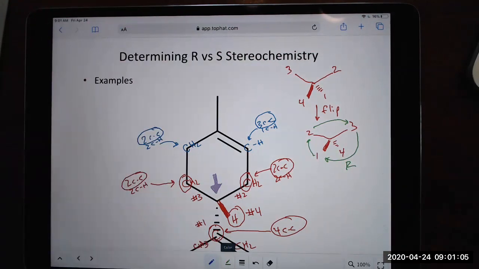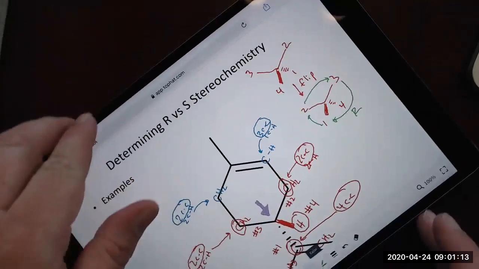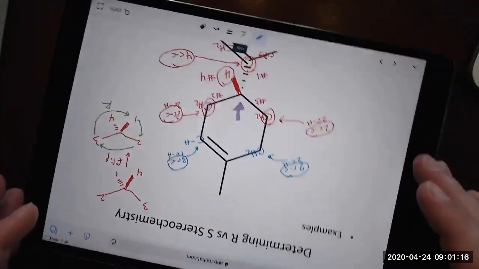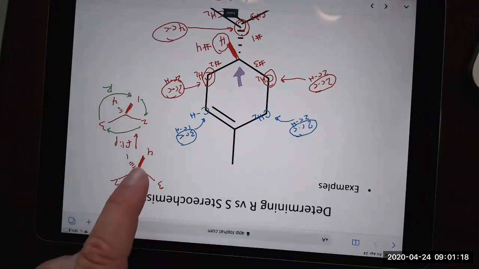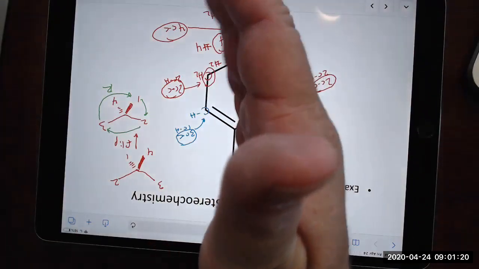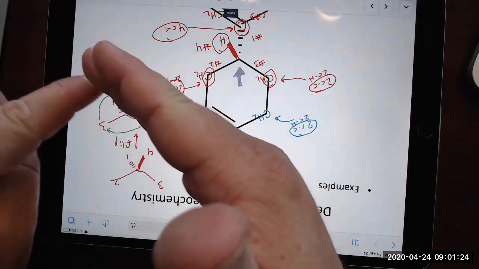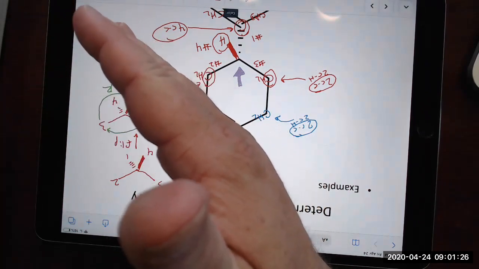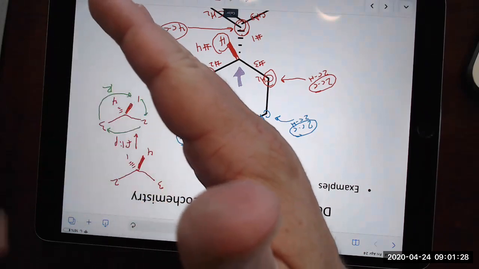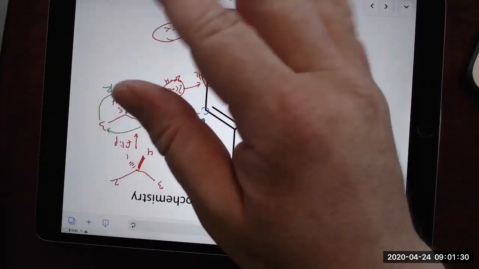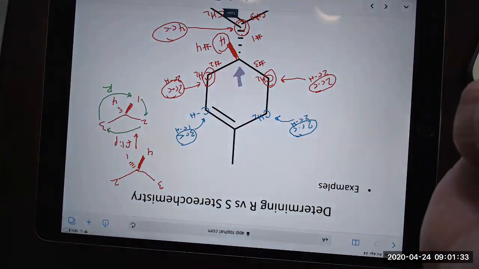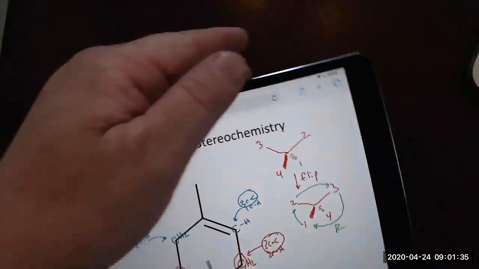Now, if you were going to do this with the hand method, I'm going to rotate this just to make it easier on my wrist. Notice how the force is coming out at you, so your thumb's going to have to be pointed out. Your fingertips are going to point at 1, which is over here. So it's going 1 to 2, sweeping like this, and since I'm sweeping with my right hand, it's R. So you can use either method, and there are a bunch of other ones too.